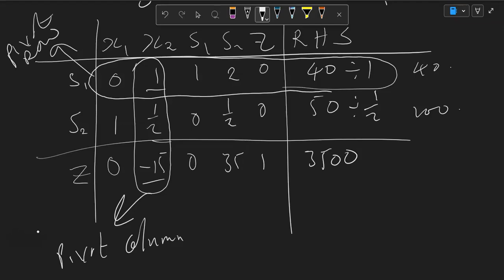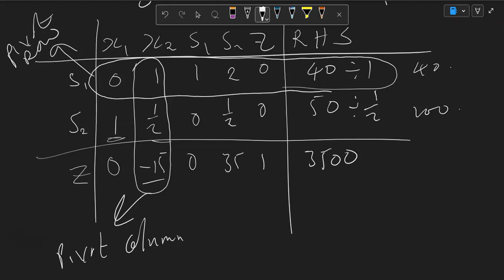Then we have an intersection there. The intersection is 1. Remember that the intersection was 2 in the previous. Then we said we needed to make the intersection number equal to 1. Okay, and we divided by itself. So 2 divided by 2, it gave us this particular 1 here.